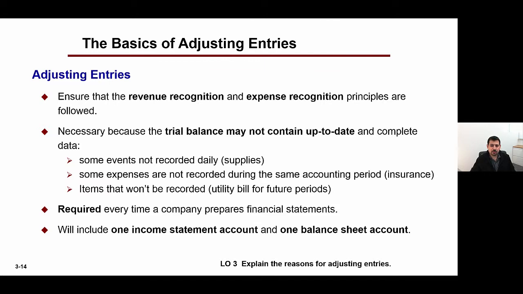In certain cases, there are expenses that we pay in advance, but we recognize them later on, such as insurance. When we pay insurance in advance, we are using it subsequently, but we don't record it at the same time.